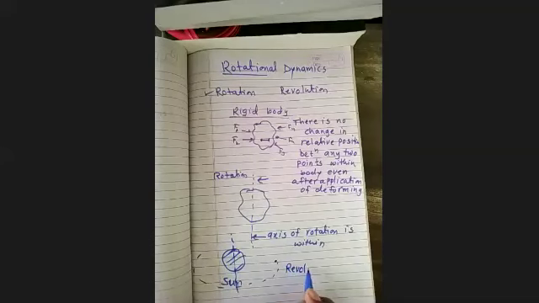Why is this phenomenon called revolving? Because the axis of rotation is out of that particular body. You may say that the axis of rotation is within the sun, but the sun is not rotating about that planet, but planets are moving around that particular sun. So when the axis of rotation is out of the body which is in motion, then that phenomenon is called a revolution.